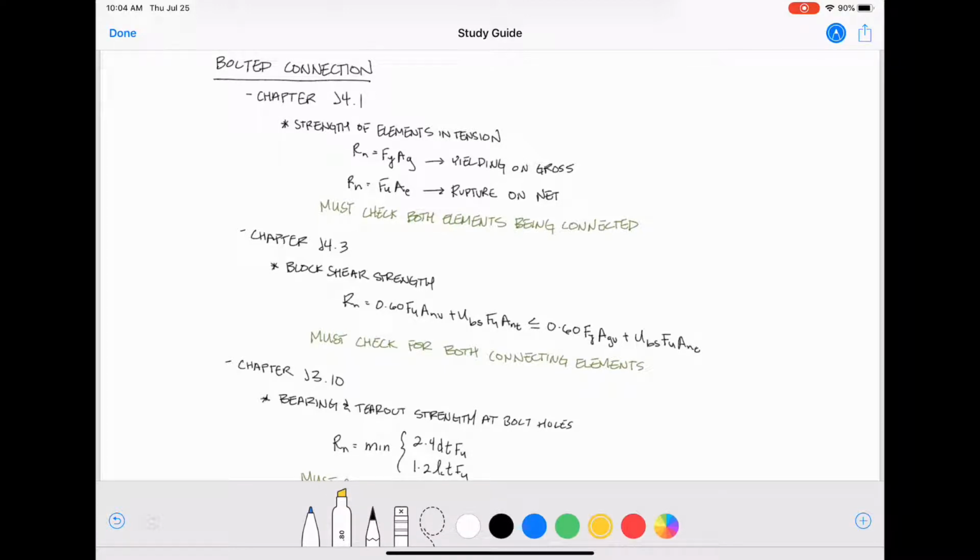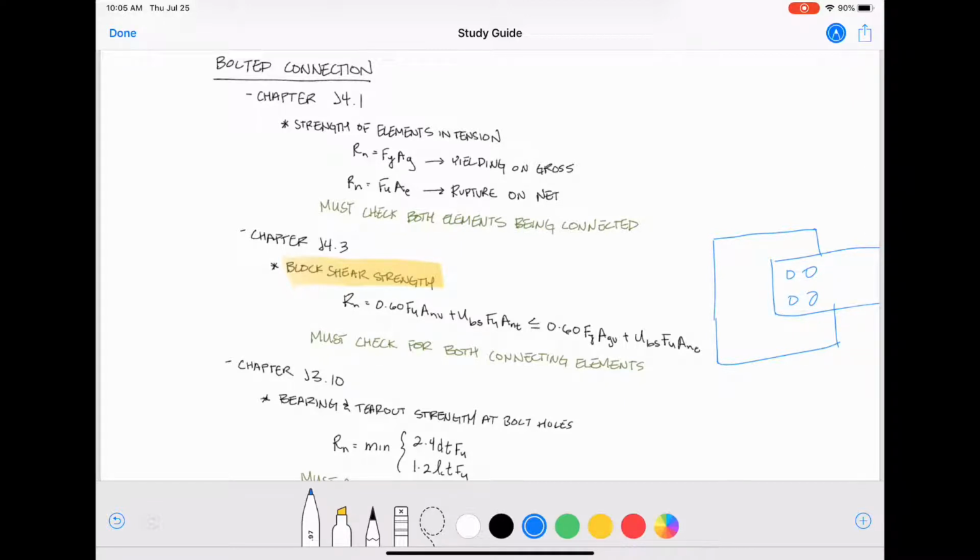And then next you're going to check for block shear, and this is essentially what happens. Let's just say we've got two elements being connected, and there's like 4 bolts in here.